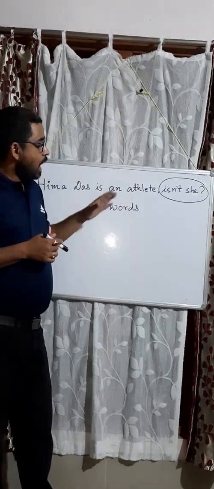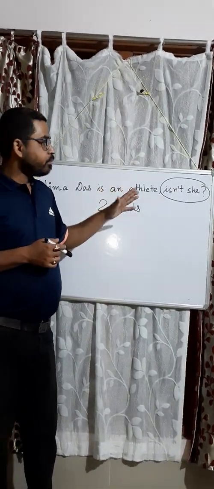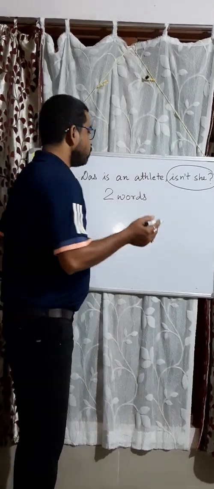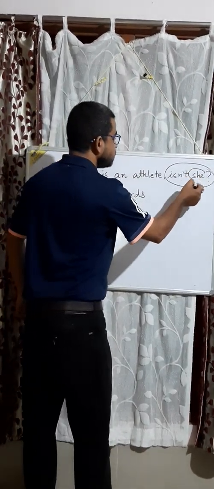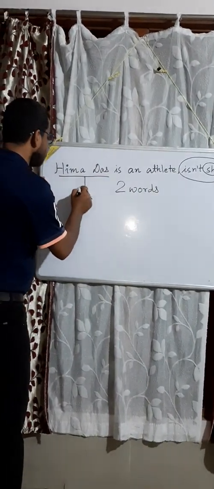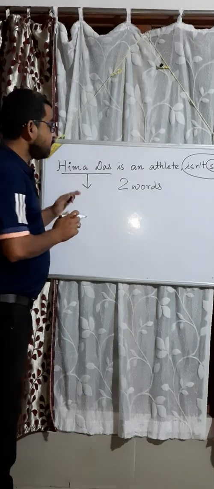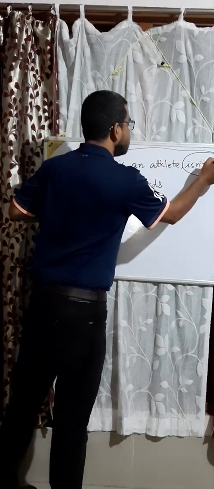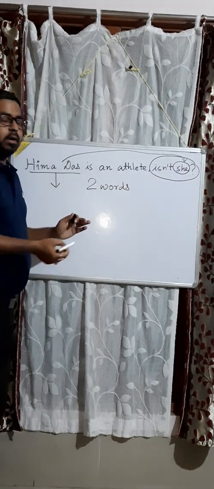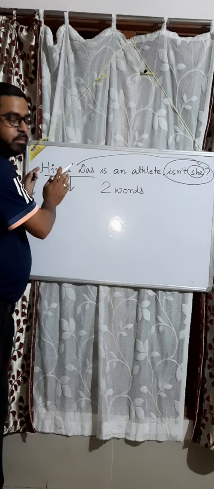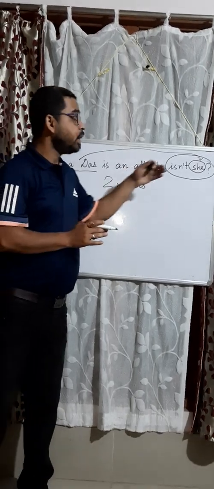Now, out of these two words, one must be a pronoun that you can see here. If we look at the subject of the sentence, Hima Das is a noun, right? What we have done here is that in the tag part we cannot use a noun, we have instead used a pronoun, she. Had the subject been male, we would have used he.